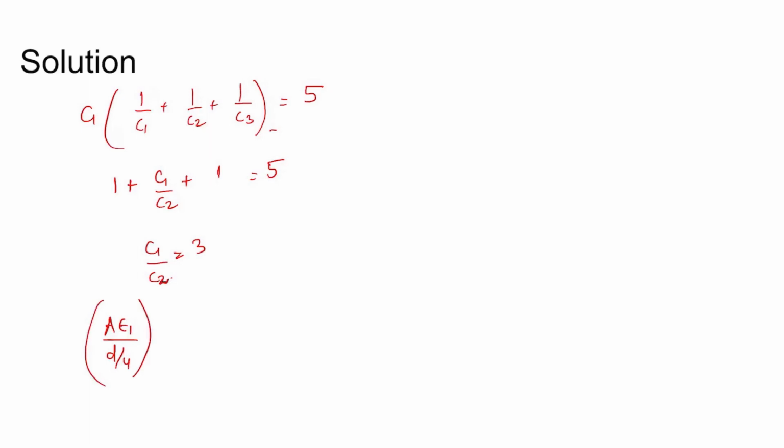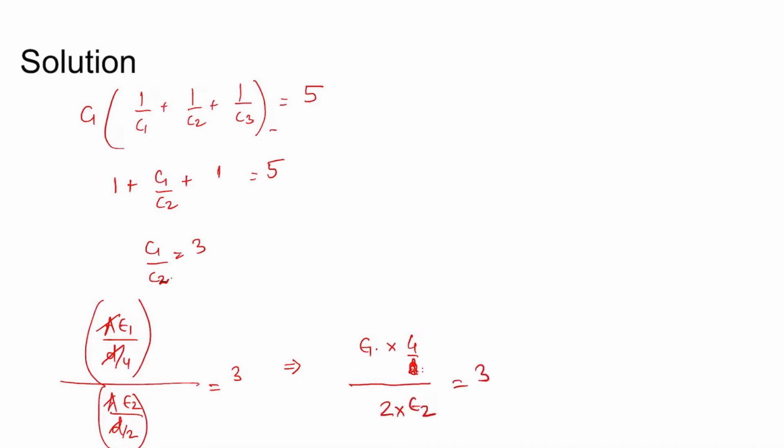C1 is A epsilon 1 by d by 4, and C2 is A epsilon 2 divided by d by 2, so C1 by C2 comes out to be 3. This implies epsilon 1 into 4 by d, divided by A epsilon 2 into 2 by d, where A gets cancelled and d also cancels, gives epsilon 1 into 2 divided by epsilon 2 equal to 3.